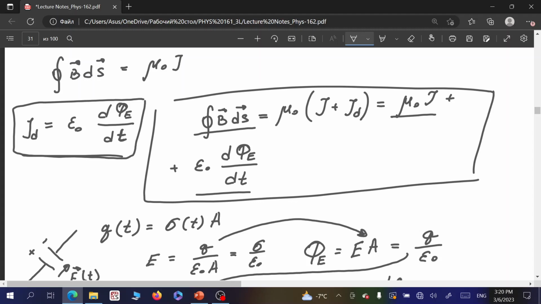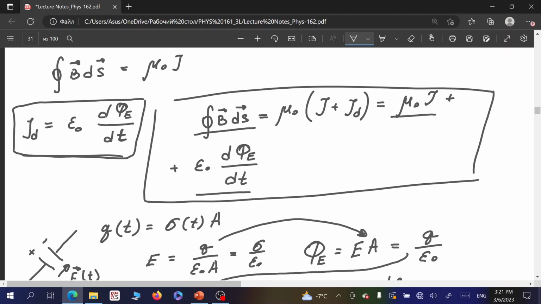So now when we modify Ampere's law by adding this concept of displacement current, and we end up with the Ampere-Maxwell equation, we can proceed further and consider a system of Maxwell equations in free space, where we have not just vacuum, meaning we just have the electric and magnetic permittivities of free space.